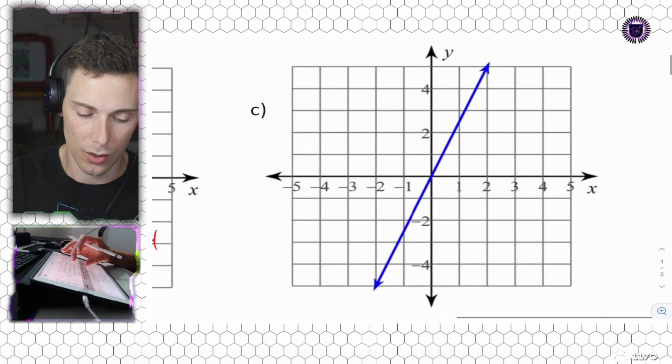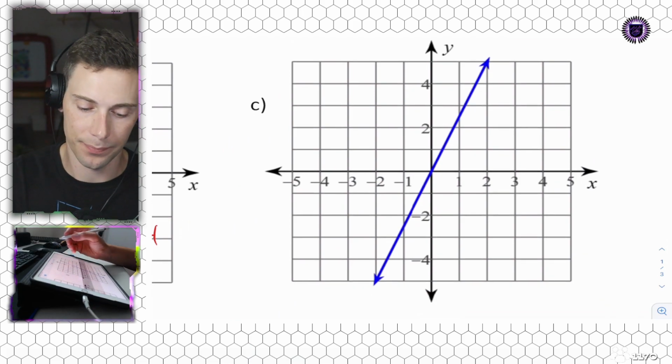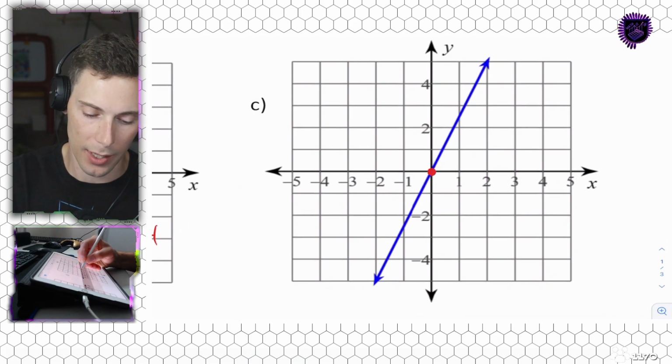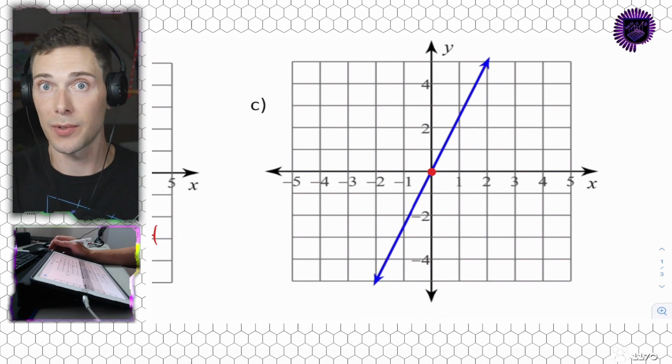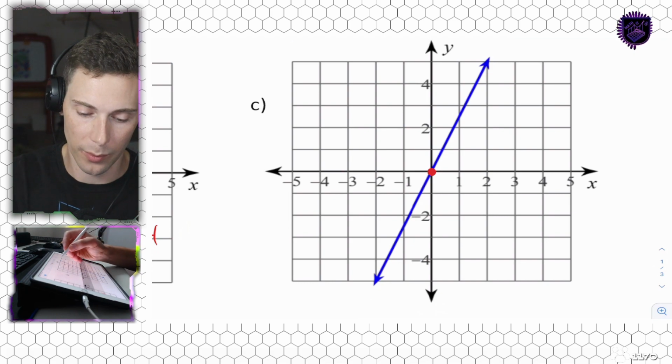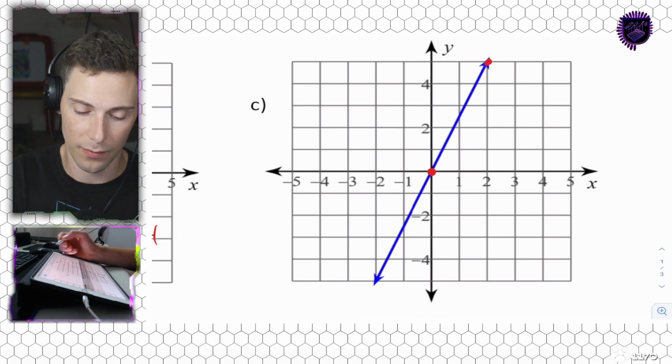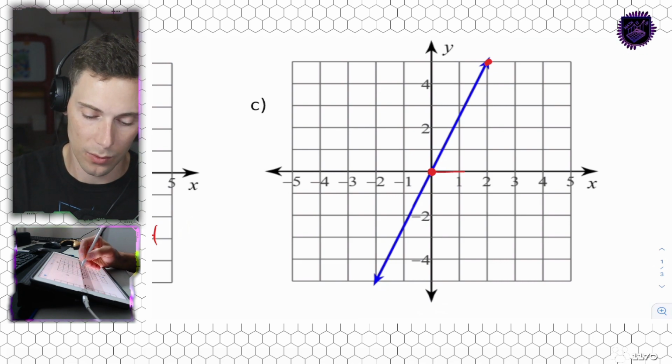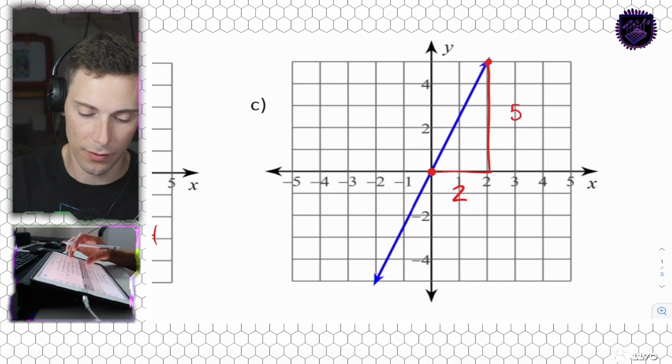Let's look at question 1c. Now, the y-intercept is right at 0. This is going to be a bit different. The next point we want to look at is all the way up at y is 5, x is 2. So we're going to go 2, and we're going to go up positive 5.